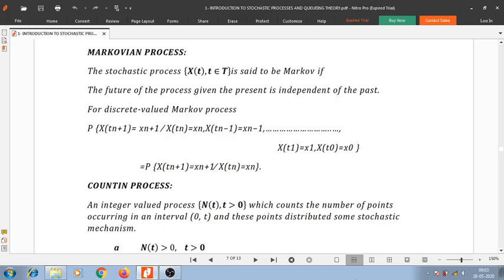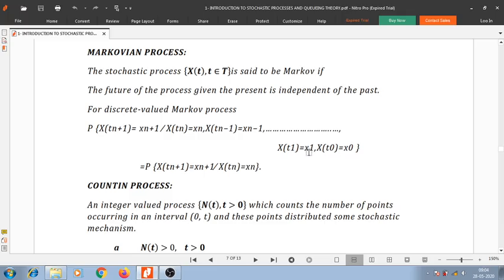See that. The probability of the future value X(Tn+1) depends upon the recently known value X(Tn), but not the past values. So what are the past values?